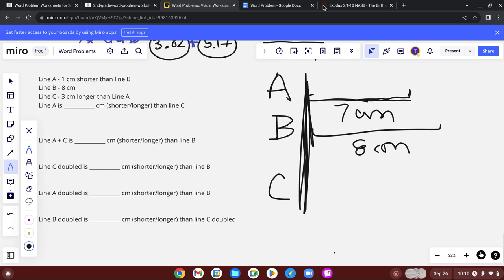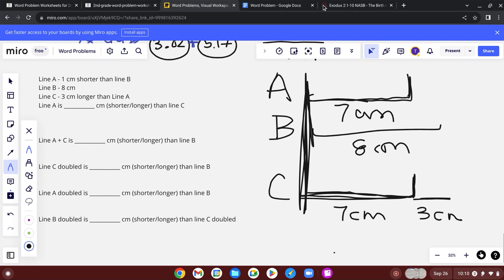Line A, we know that line C is longer than line A. That means we have to draw line A first, which is 7 centimeter, correct? Correct. And then how many more centimeter do we need to draw? 3 more centimeter, right?